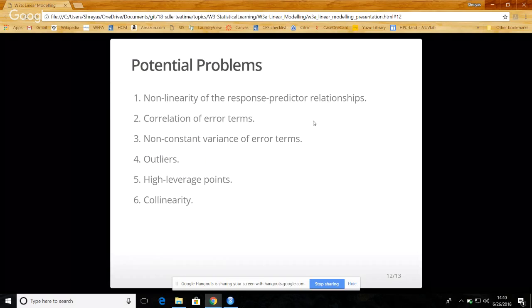Next, we have correlation of error terms. The way we can check this is by looking at a plot of the residuals. Ideally, it should be random and there should be no pattern. You don't want a correlation between your residuals. Next, non-constant variance of error terms.